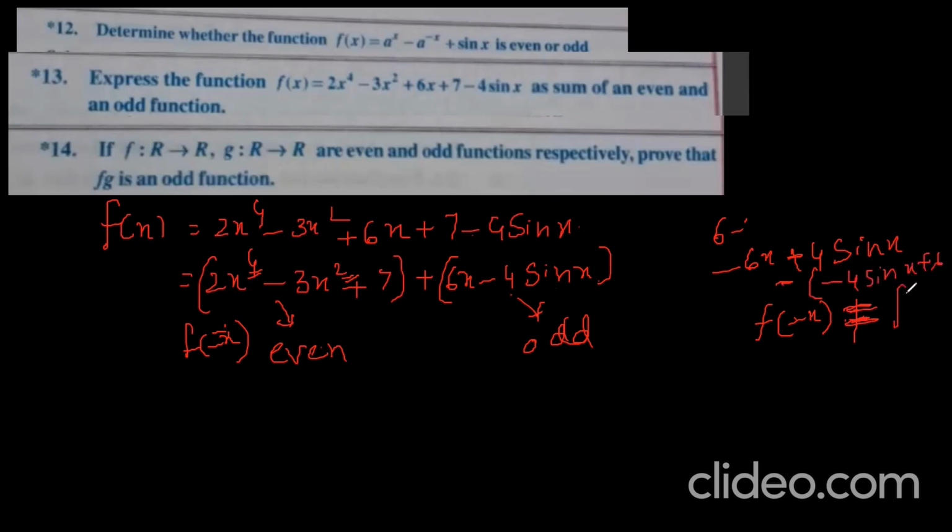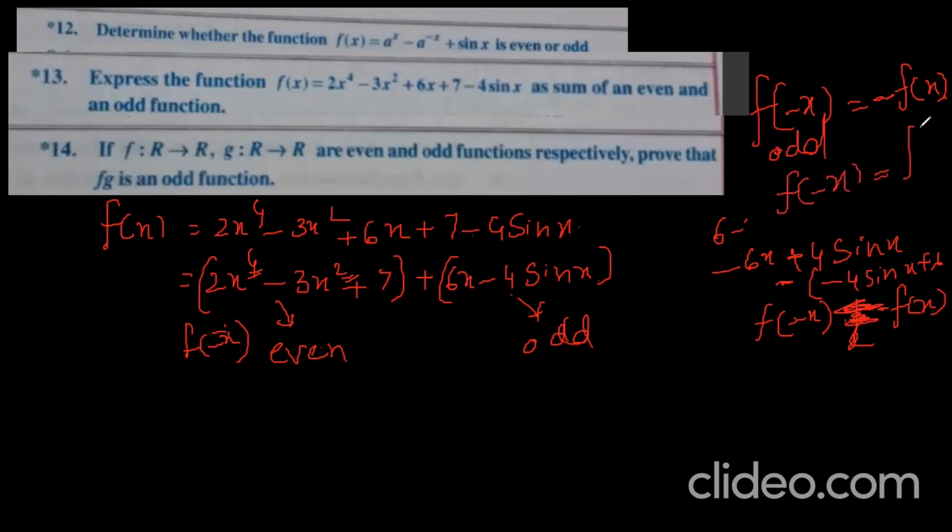So f of minus x is equal to minus f of x. Got it? It's an odd function. If f of minus x is equal to positive f of x, then it is going to be an even function. Got it?